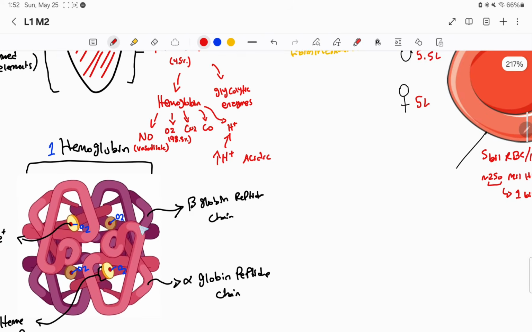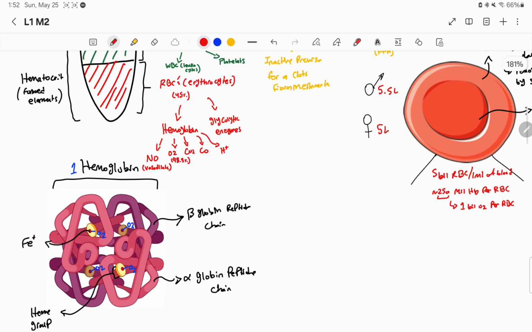The other one being this hemoglobin. It is able to bind to some of these hydrogen ions, or protons, and prevent the blood from becoming too acidic. Okay? Great. So those are the things that hemoglobin can bind to. The final thing that you will find when you look inside of this red blood cell, right?